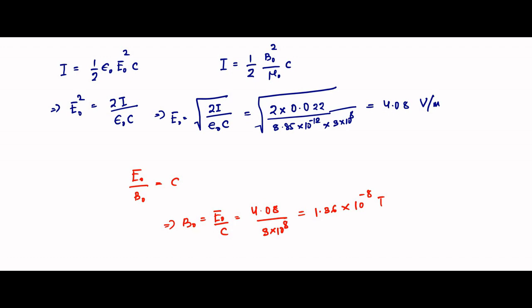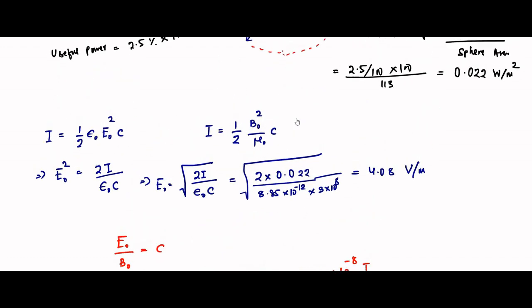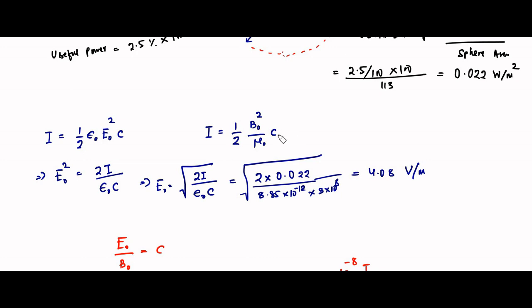Alternatively, you could have done this. Here you could have used this expression to determine the value of B0 as B0 is equal to root over of 2 mu 0 I by C. You would have got the same result, which is equal to 1.36 into 10 to the power minus 8 Tesla, and then you could have used this relationship to get E0 is equal to B0 into C. You would have got 4.08 volt per meter.